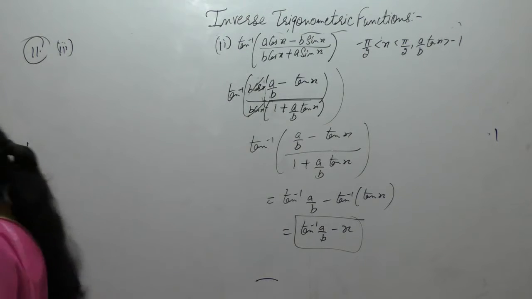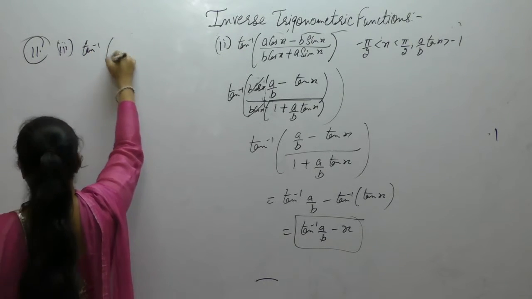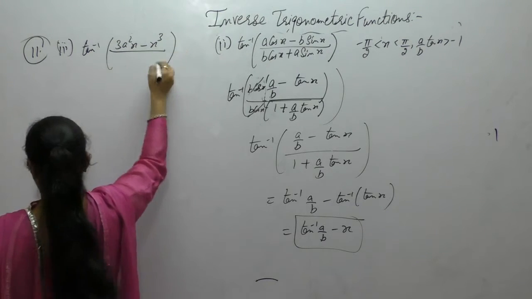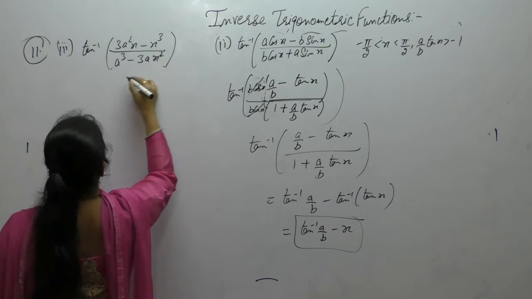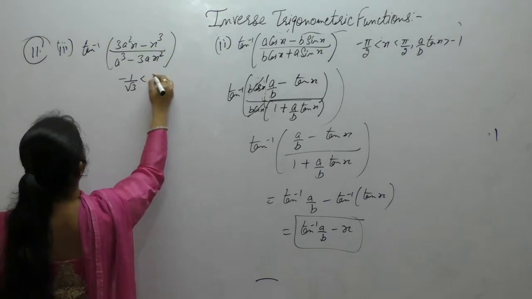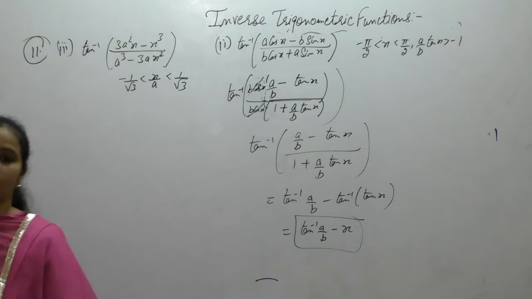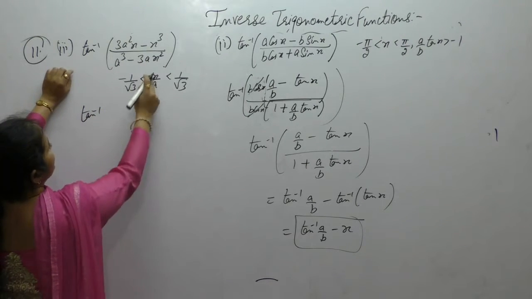Third part, tan inverse of (3a square x minus x cube) upon (a cube minus 3a x square), where minus 1 by root 3 is less than x by a less than 1 upon root 3. So from the numerator and denominator, what do we have to take? We want x upon a.